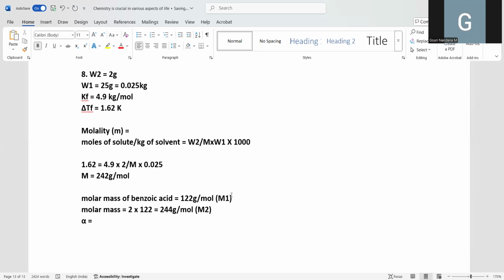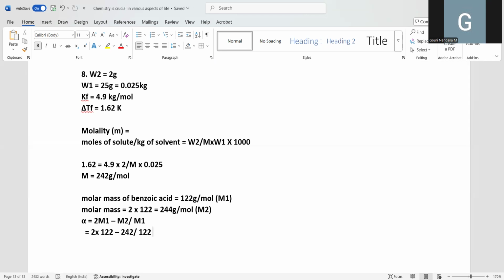So it would be alpha equals 2 into (M1 minus M2) divided by M1, and it would be 2 into (122 minus 242) divided by 122.